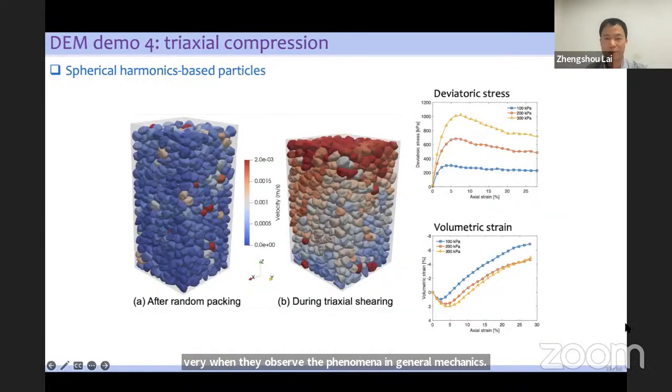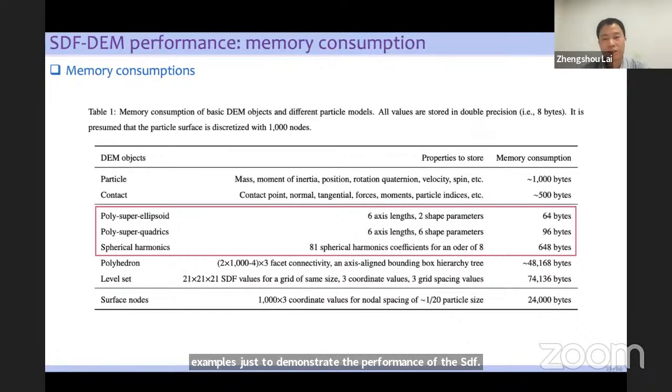So I will quickly skip through the numerical examples, just to demonstrate the performance of the SDFDM. Now, let's talk about the computational performance. First is the memory consumption. Here we show some particle models, including the polyhedron, ellipsoid, poly-superquadrics, spherical harmonics, and the level set.